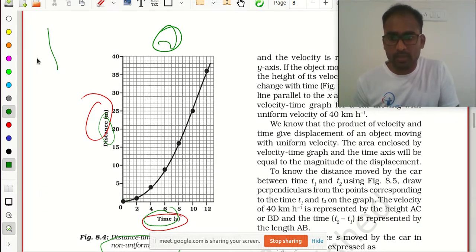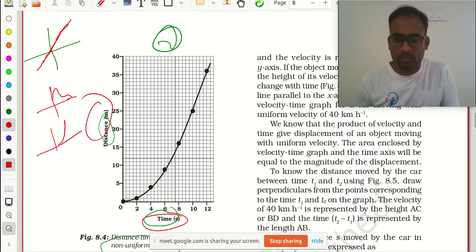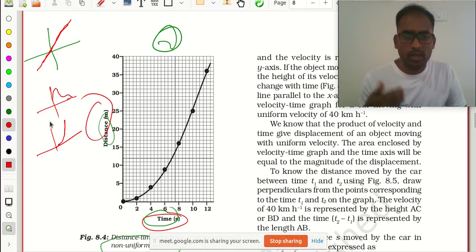Linear means like this: if I have the graph this way, it is a linear graph. And if I have one like this or any other, these are non-linear graphs. Understood now what linear and non-linear graphs are? You will get to know more about them in your future classes also.